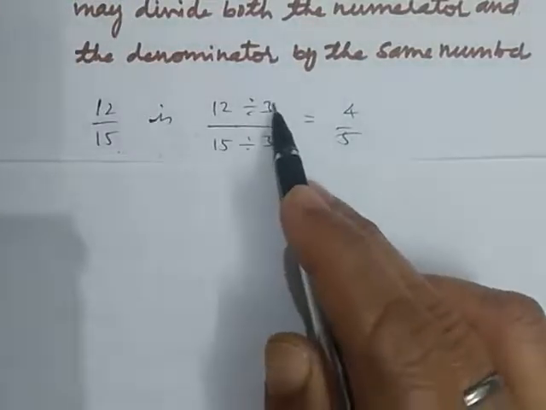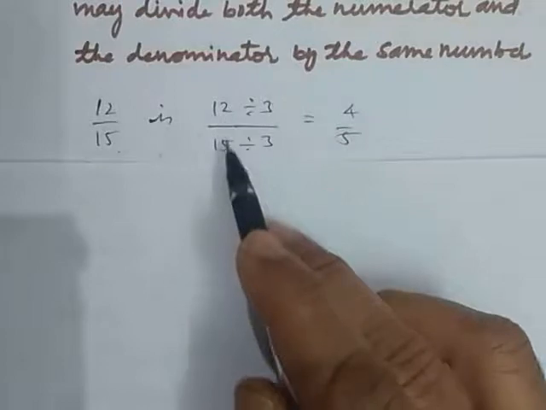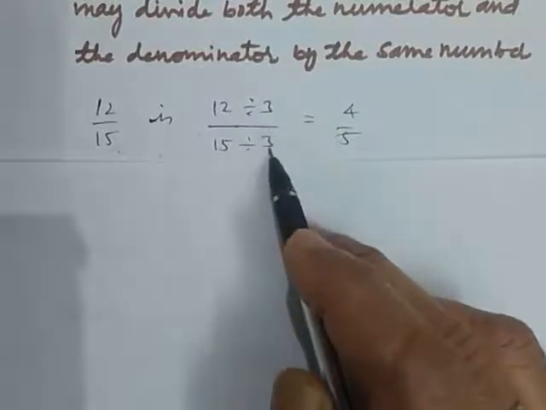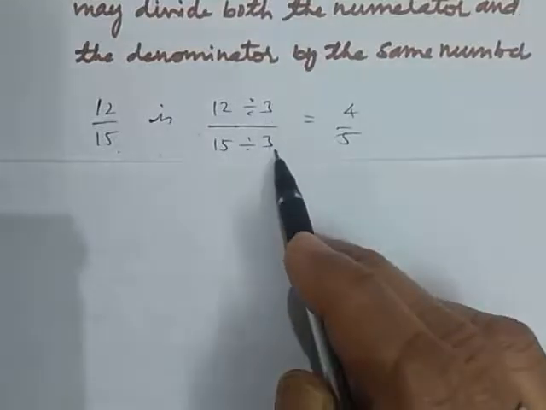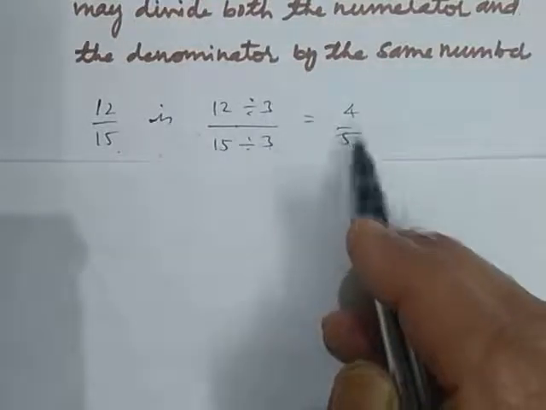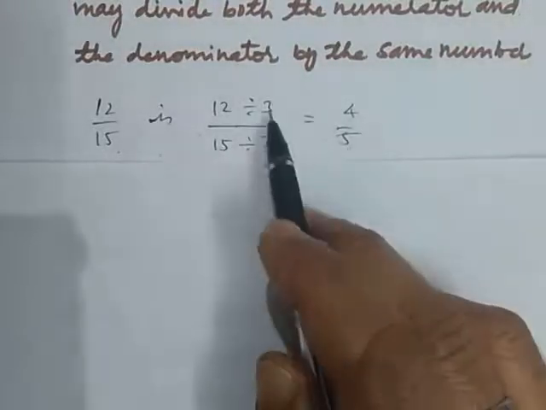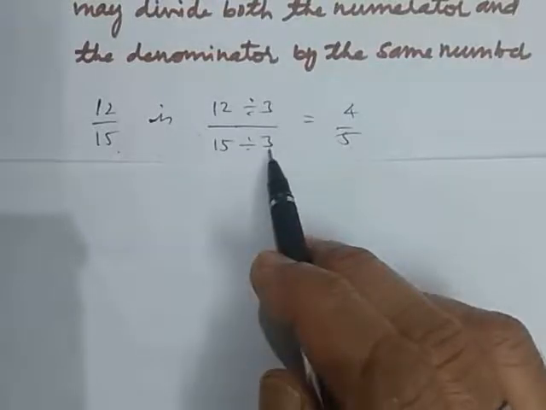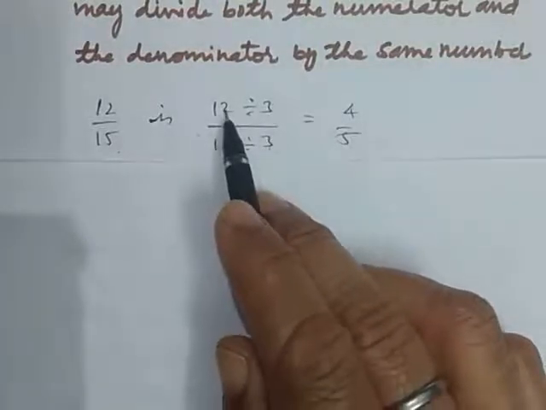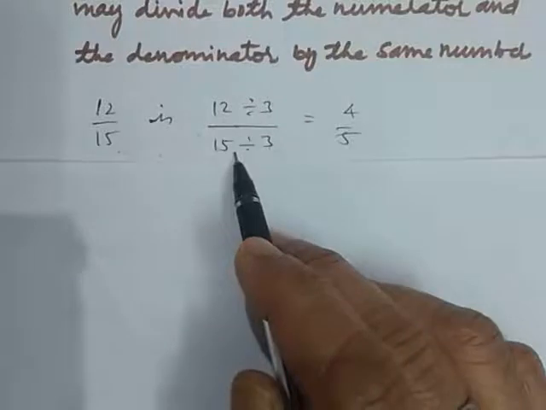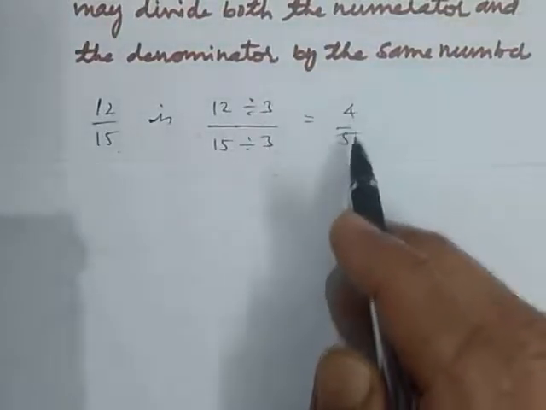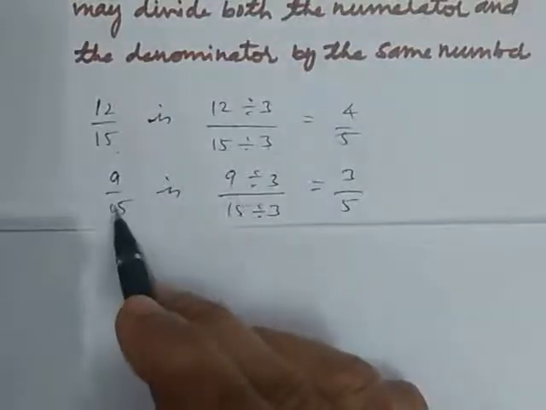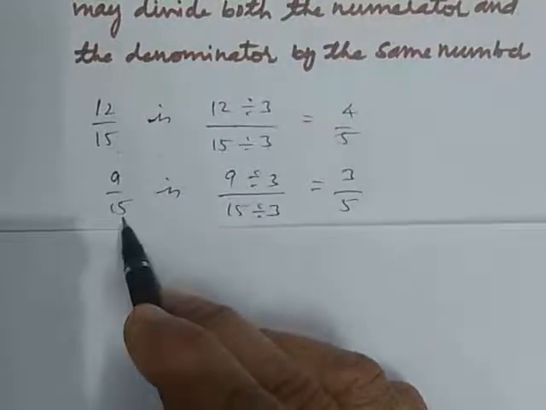But remember one thing: both the numerator and denominator must be divided by the same number. If you divide by different numbers, it is wrong and we do not get the equivalent fraction. This is the necessary condition.